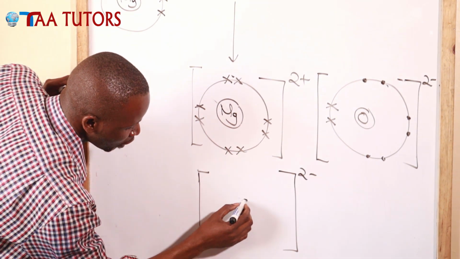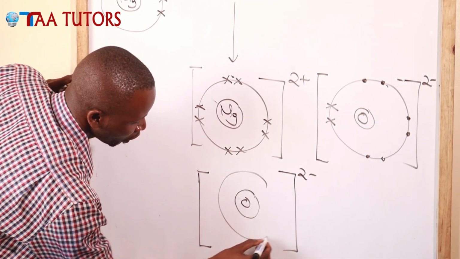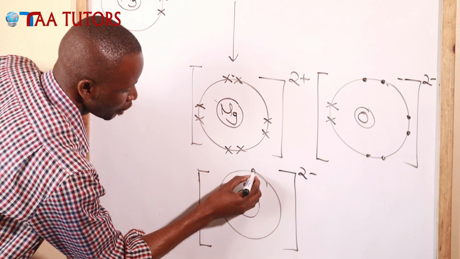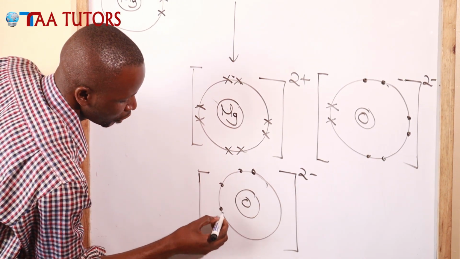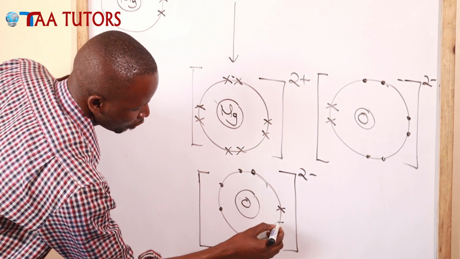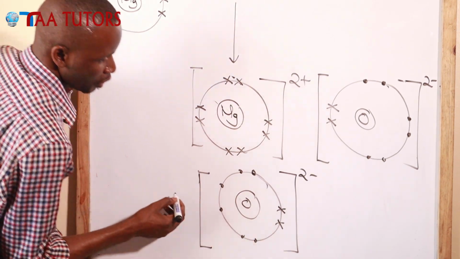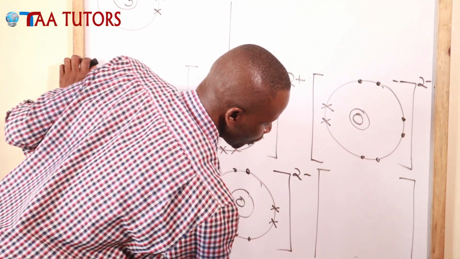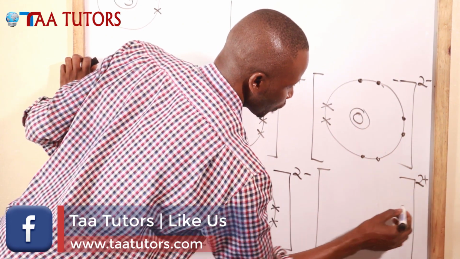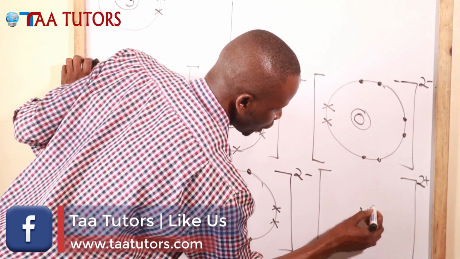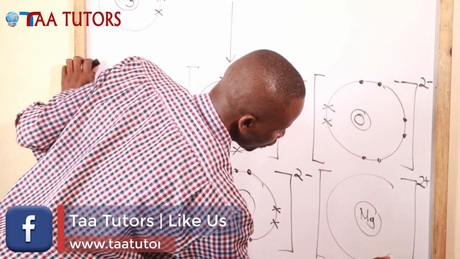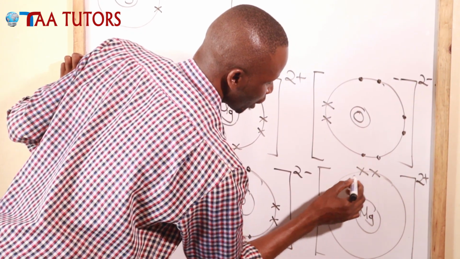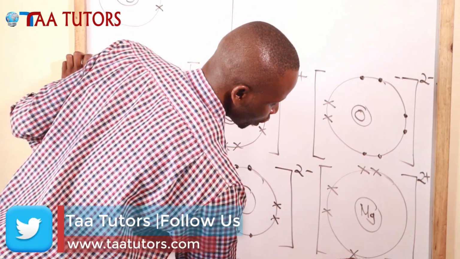So we'll have O, this one coming here, with dots, and let me say 2 crosses there. Here, therefore, I bring in the magnesium ion, Mg. The outer energy shell here will have only crosses, and there are 8 of them because we have lost 2.